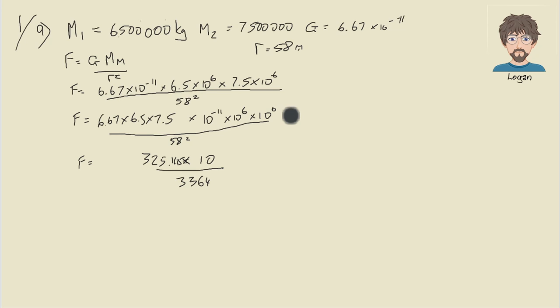So multiply that by 10, divide the whole thing by 3,364, and we get that the gravitational force between these two ships is 0.9666 newtons, or 0.97 newtons to two significant figures, which is very small.